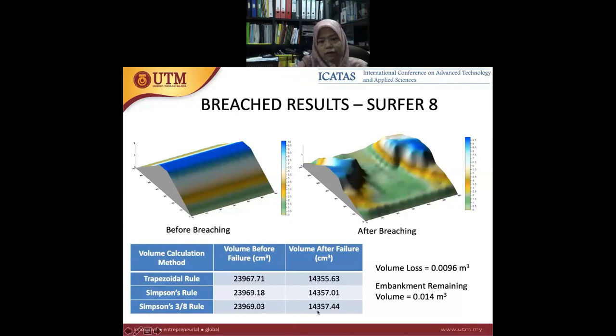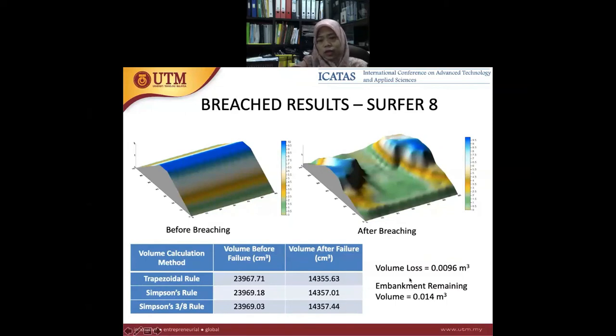This is the final one after the breach, where the value is more or less 0.144 cubic meters. So using all three methods, we get slightly similar values.